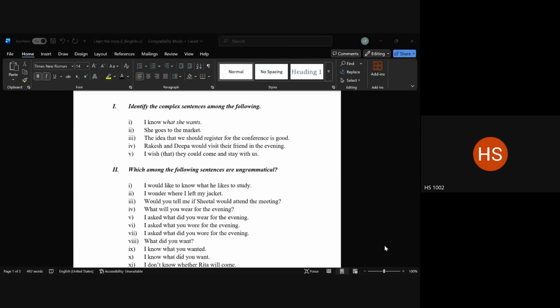So this is again one thing, that clauses in certain kinds of sentences like these, it is not necessarily something that needs to be there, right? So I could also say, I wish they could come and stay with us, instead of saying, I wish that they could come and stay with us. So that is optional in certain kinds of clauses.